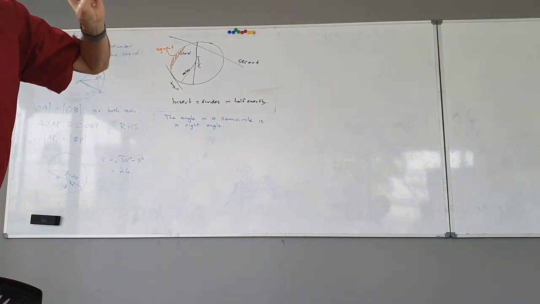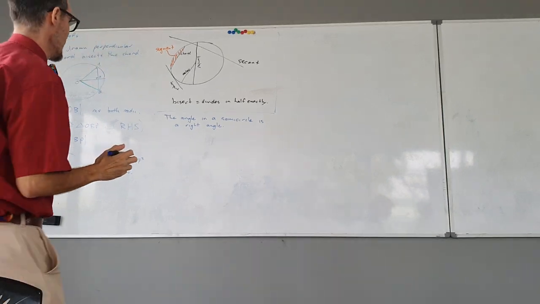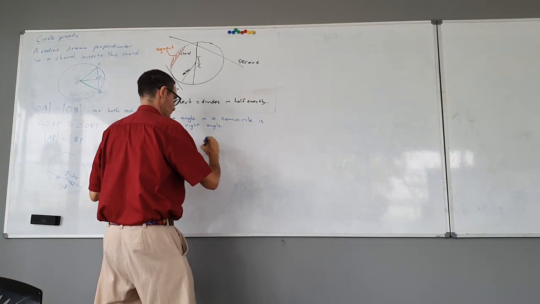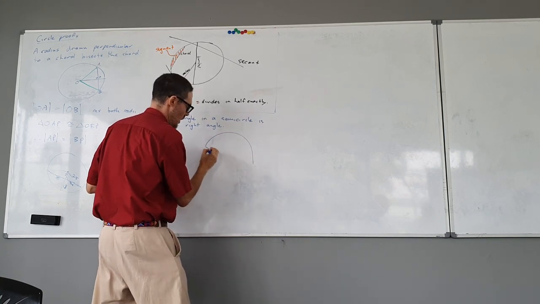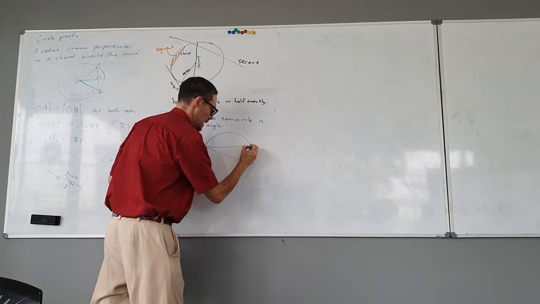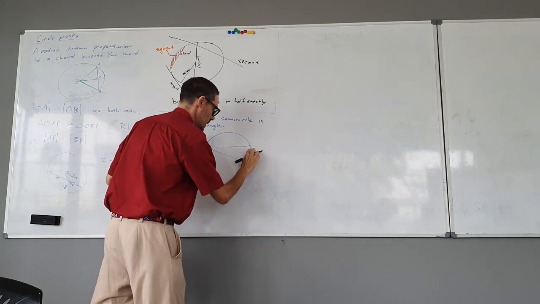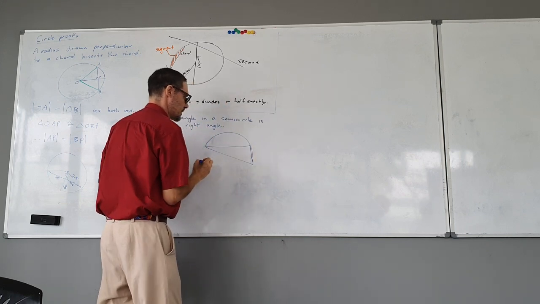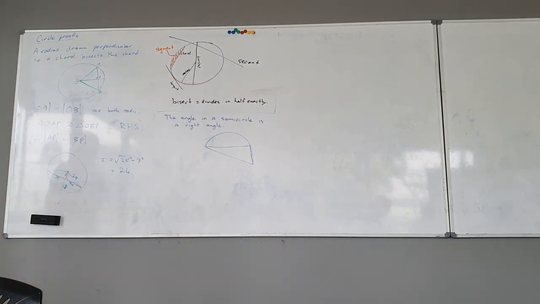Okay, so the angle in a semicircle is a right angle. If I draw a semicircle and I draw, notice I'm deliberately drawing it slightly off the centre. It's quite a bit off the centre. That's very deliberate. I don't want it to look like 45 degrees.